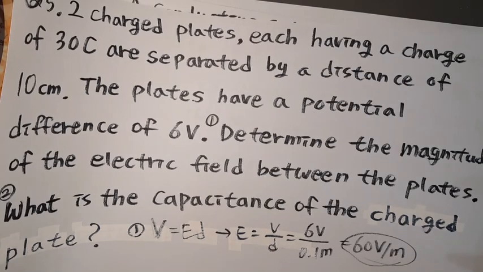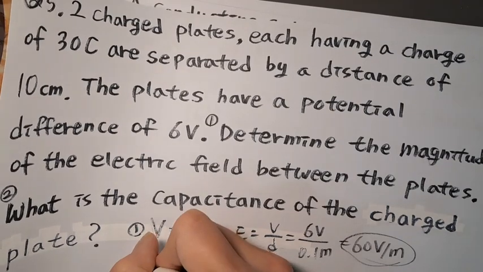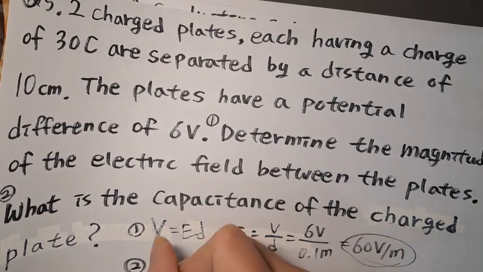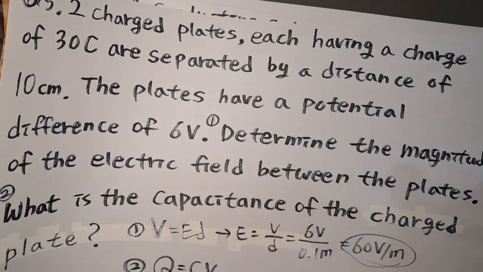So the magnitude of the electric field between the plates is going to be 60 volts per meter, and we are going to find the capacitance.